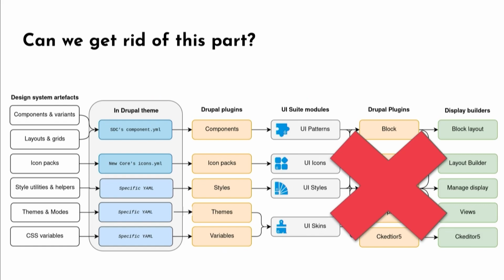First issue, it's complicated. From the design implementation into theming to the display building, we have many steps, many transformations, many checks, and too many plugin types. It's heavy. And the second issue we have: all the display builders, block layout, layout builder, manage display, views, are very different from each other.